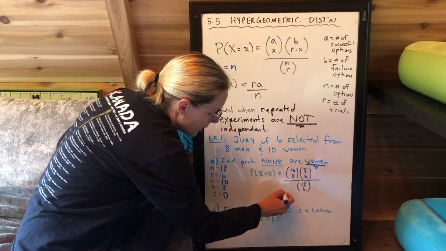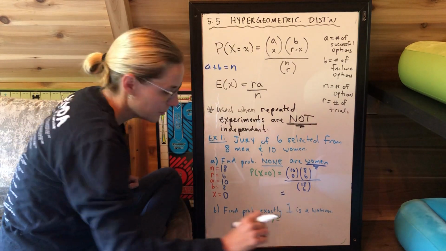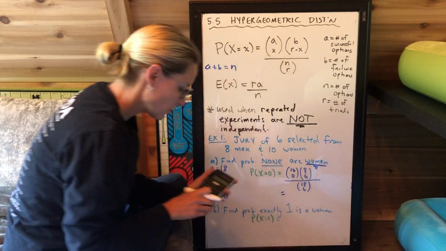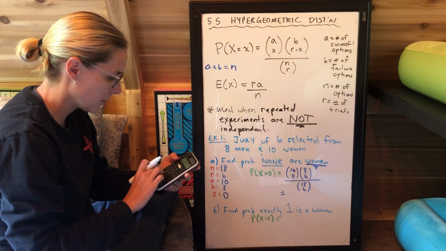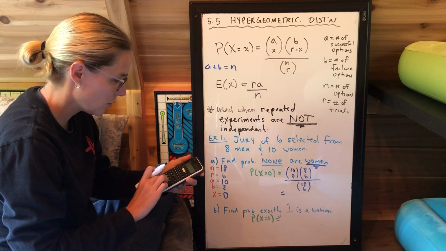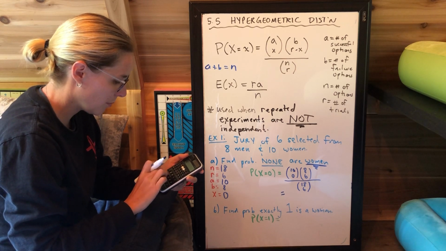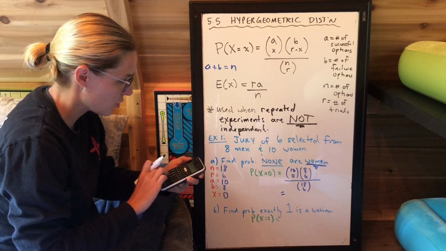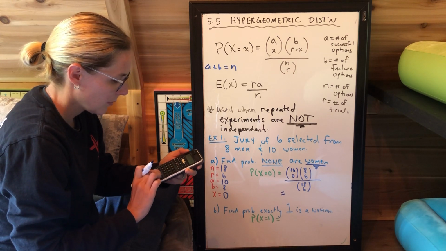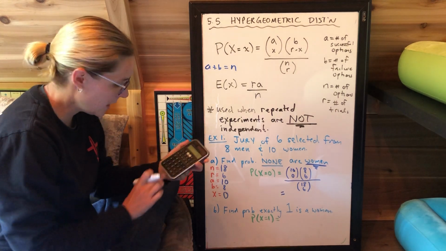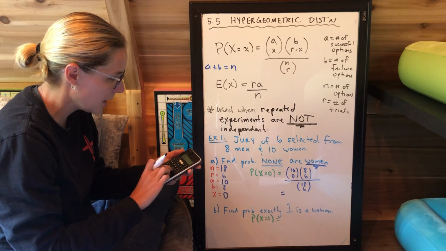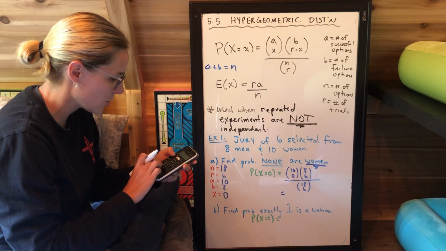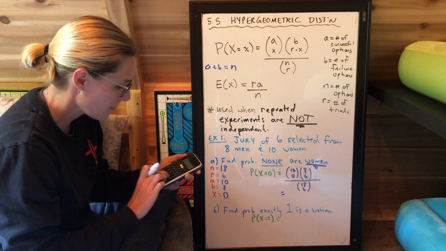Now, in order to calculate this, you just put it in your calculator. You'll do 10 choose 0. You have to have a calculator that can do this. 10 choose 0 times, maybe put it in brackets just to make sure you don't make a mistake, 8 choose 6. When I look at that, it's the number 28. From there, I can just press divided by, and then again, maybe use brackets just to make sure it doesn't mess up, 18 choose 6.